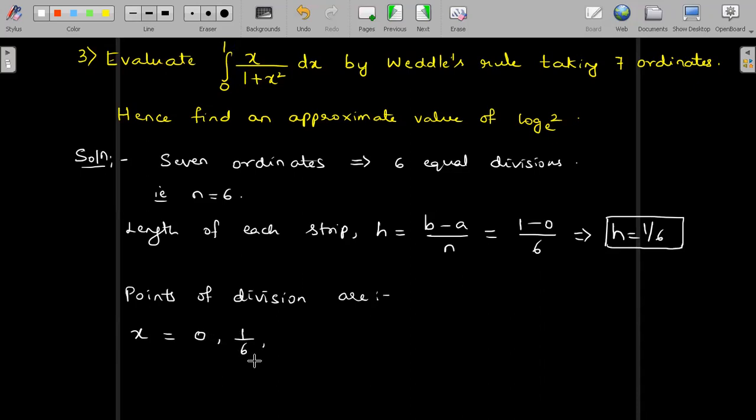So x is equal to 0 plus 1 by 6 is 1 by 6. 1 by 6 plus 1 by 6 is 2 by 6. 3 by 6, 4 by 6, 5 by 6, 6 by 6, which is equal to 1. Observe there are 7 values of x, hence we are going to obtain 7 values of y, which are nothing but the ordinates. So taking 7 ordinates, dividing into 6 equal divisions with h is equal to 1 by 6, we are now tabulating the values of x and y. So let us form the tabular column in the usual manner.